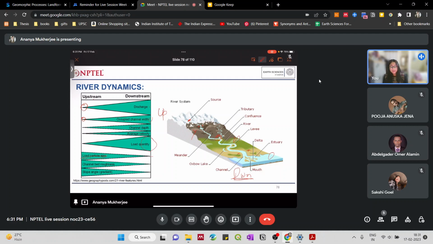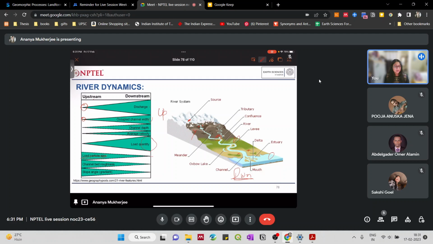Also, the channel bed roughness decreases as we move from the younger stages to the older stages. Okay, roughness decreases. Why? Because the load, the particle size, decreases.